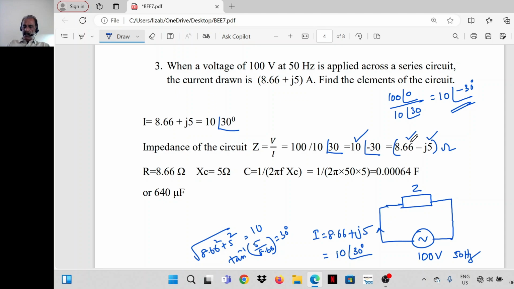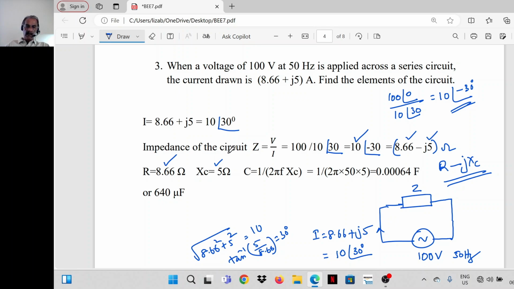So the impedance is 8.66 minus j5. It is in the form R minus jXc, so it is a capacitive reactance. The circuit has a resistor as well as a capacitor. The resistor value is 8.66 ohm. Capacitive reactance is 5 ohms.